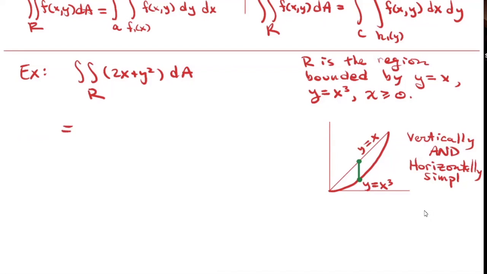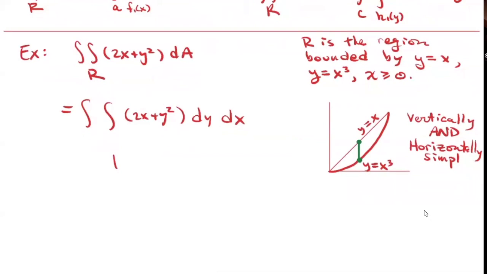So this double integral of 2x plus y squared, let's do dy, that's okay, we'll do it both ways. Dy then dx. Okay, so do bottom curve to top curve for limits. So on the bottom, y is x to the third. And on the top, y is x.